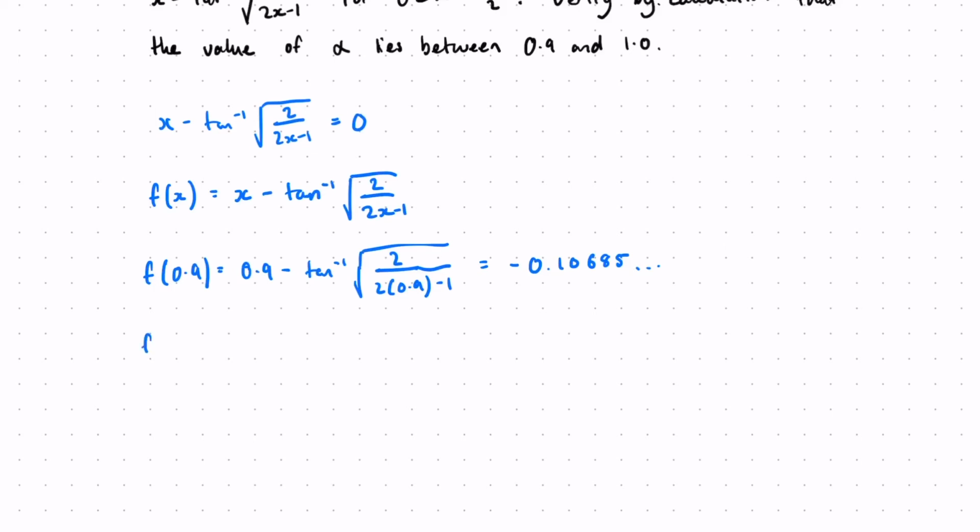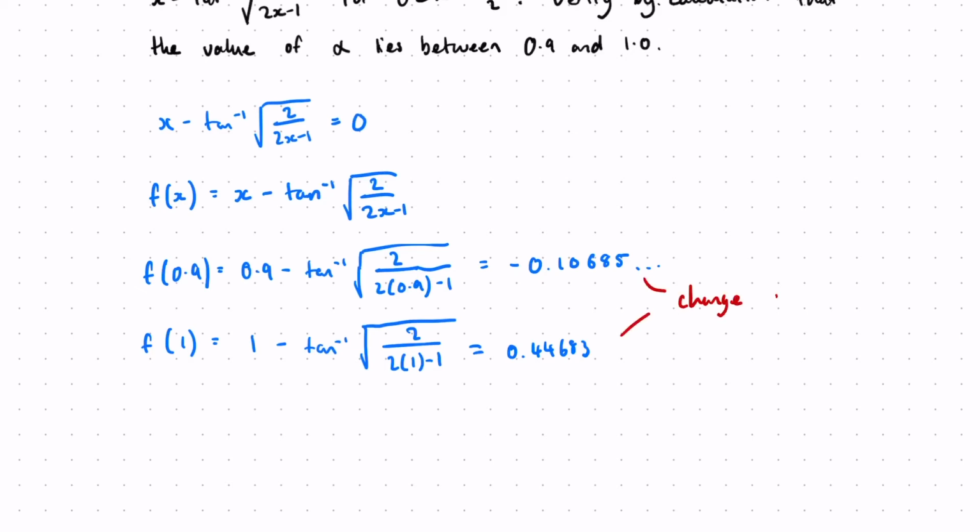And then we're going to do f(1), which is 1 minus the inverse tan root 2 over 2 lots of 1 minus 1, which is equal to 0.44683. Okay, so change of sign indicates presence of root.